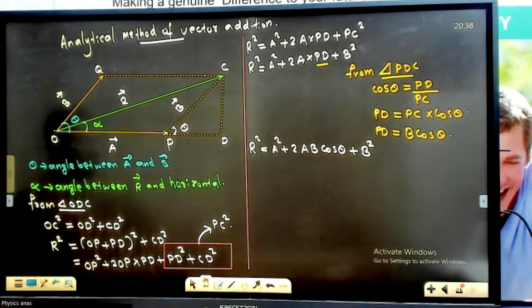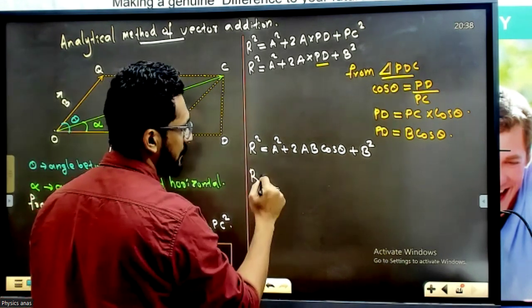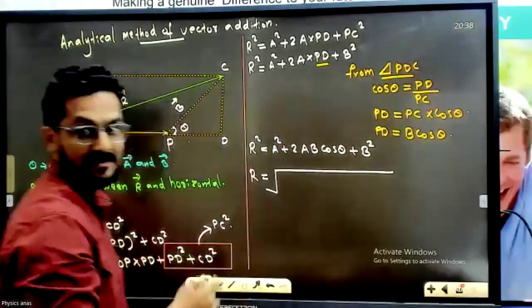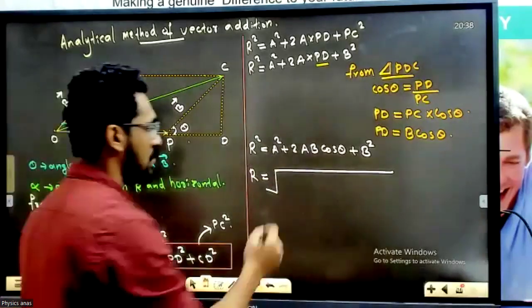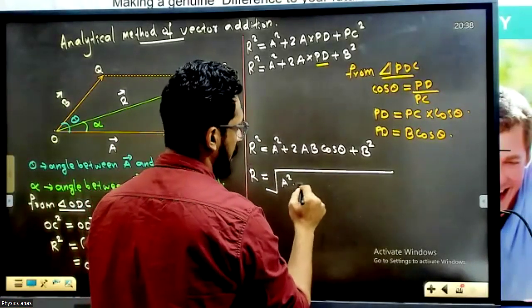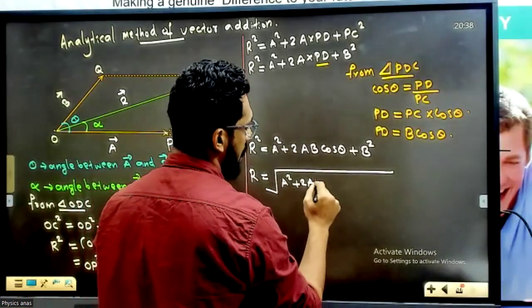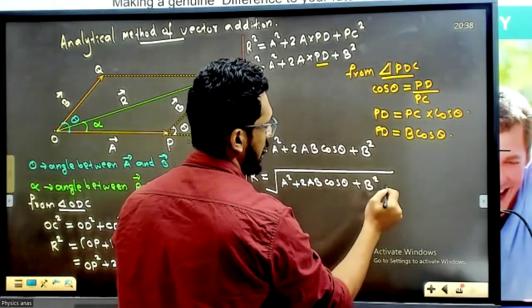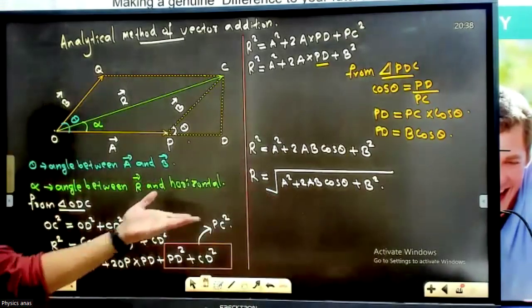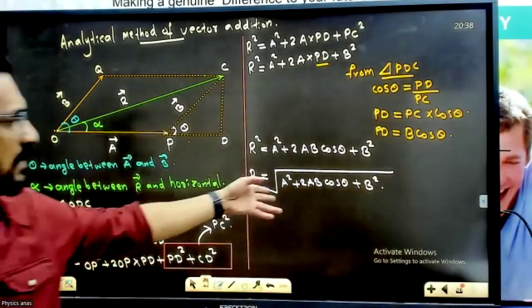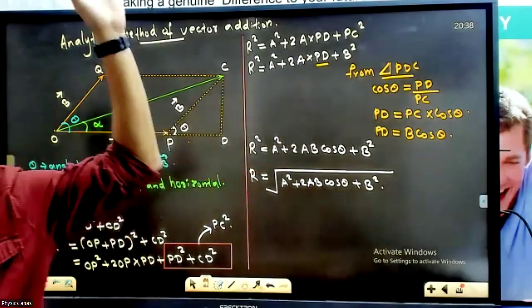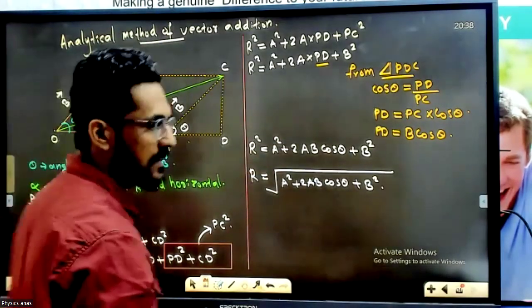If you need R, it will be the square root of A square plus 2AB cos theta plus B square. That's the magnitude. Or you can read it like this: root of A square plus B square plus 2AB cos theta. That will be okay too.